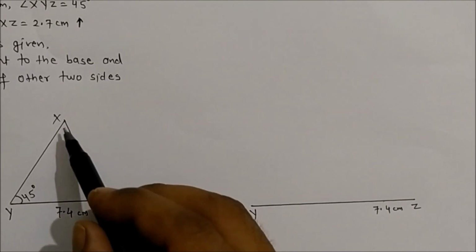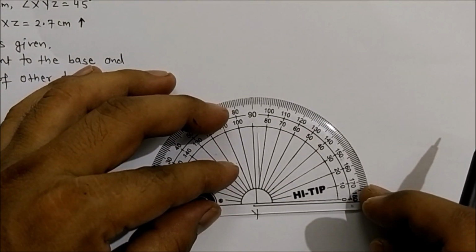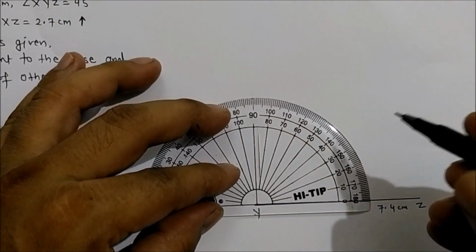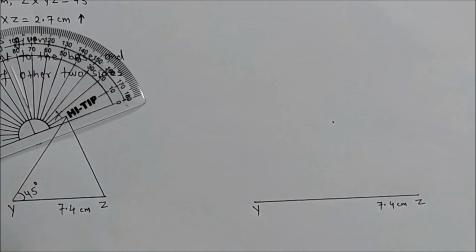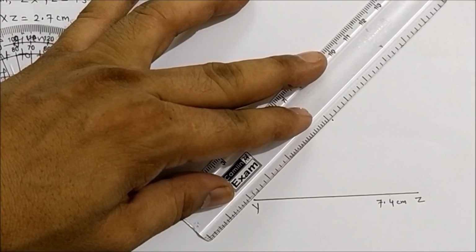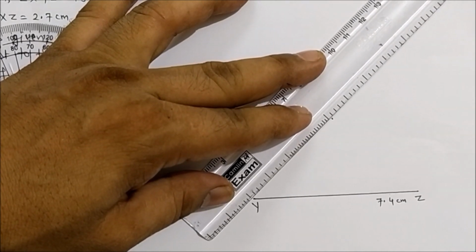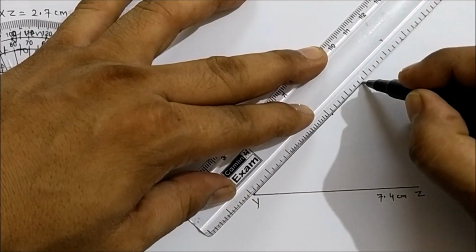Now you can see angle XYZ is 45 degrees. So at this point Y, we draw an angle of 45 degrees. So we can draw one ray here. This is the ray we can draw.